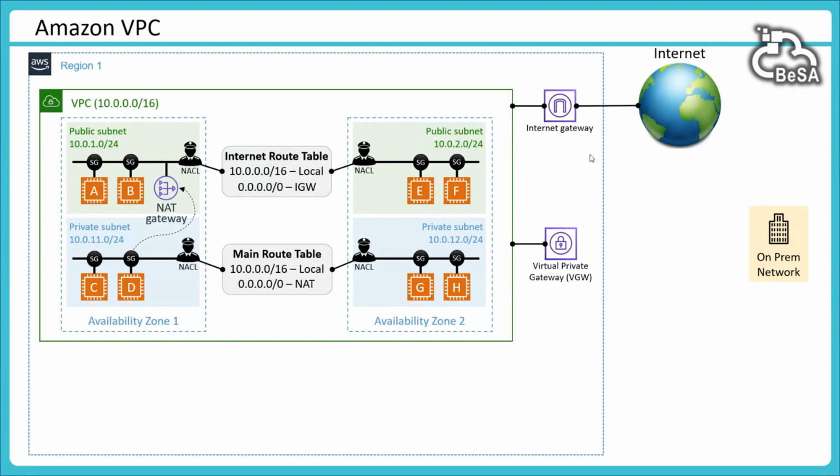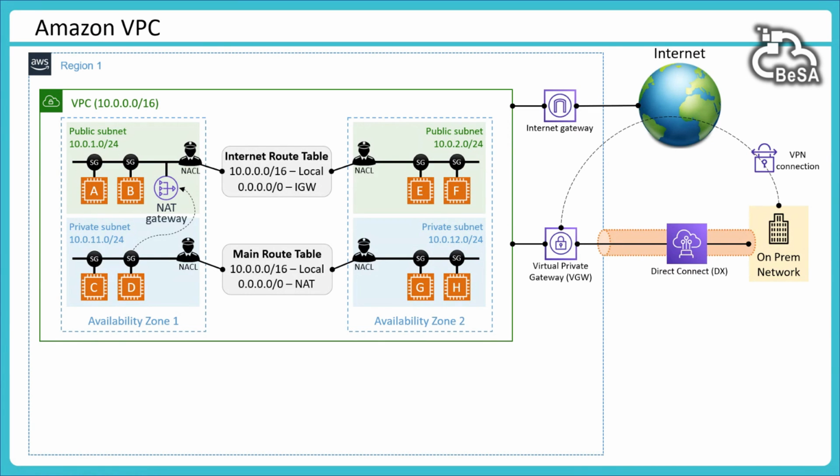Once you have this VGW, it allows you to create two types of connection to your on-prem. One type of connection is called Direct Connect, or DX for short. Another type is called a VPN connection. You could utilize both of them or maybe one of them, purely depending on your use case.